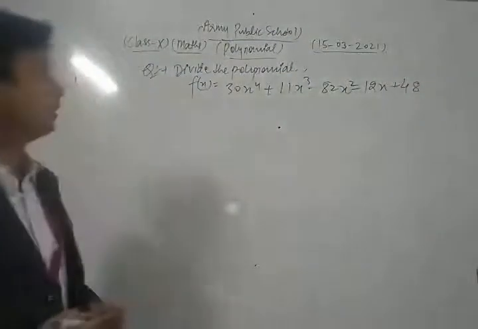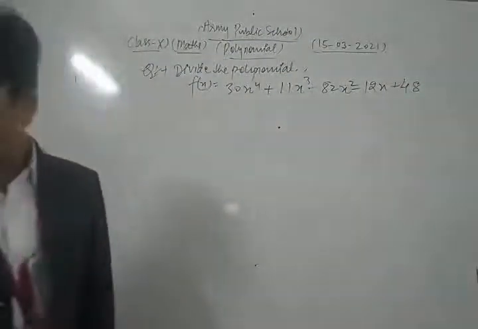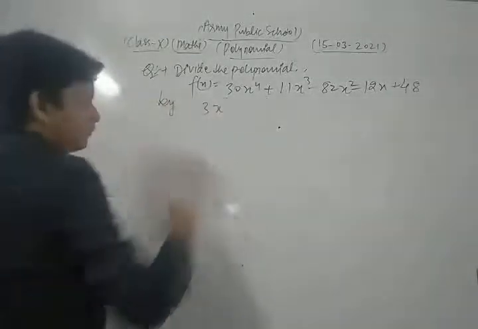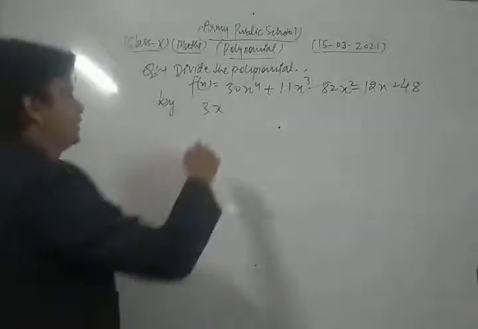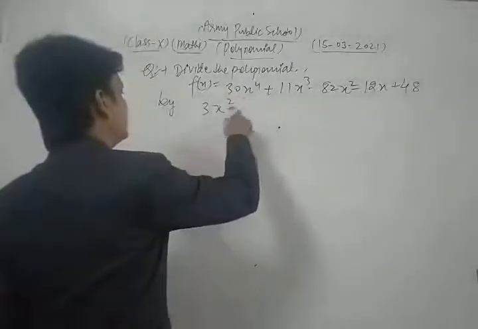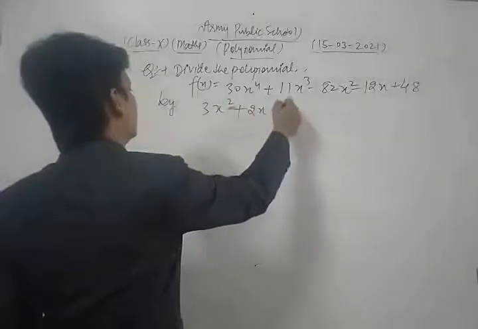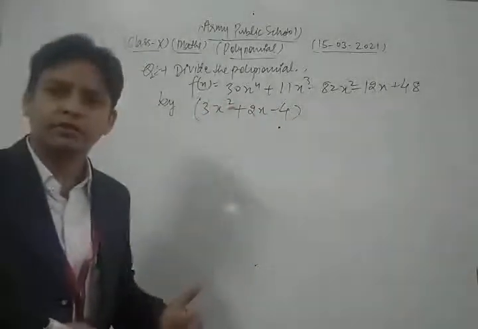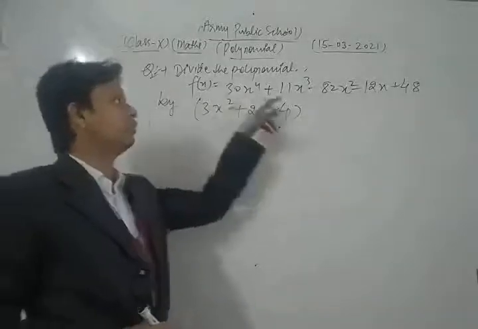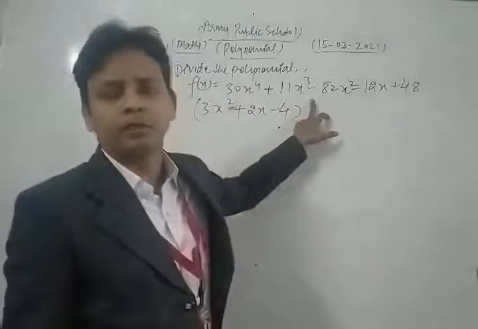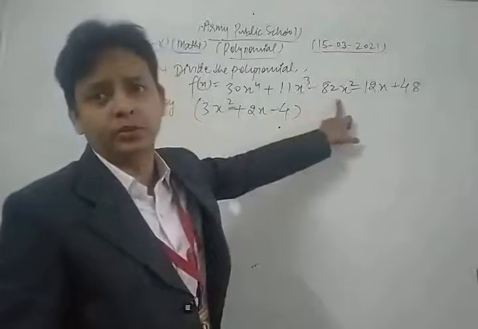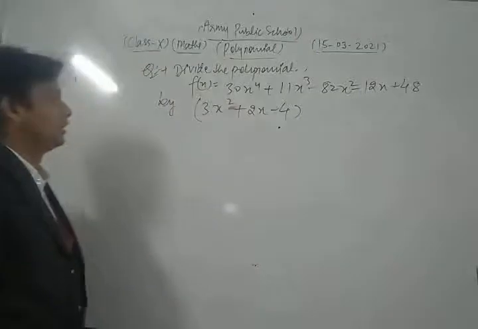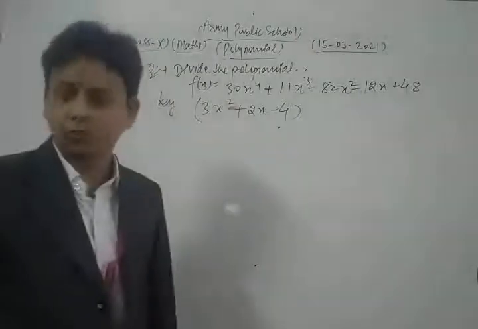Okay, divide the polynomial f(x) by 3x square plus 2x minus 4. Divide the polynomial f(x) is equal to 30x to the power 4 plus 11x cube minus 82x square minus 12x plus 48 by 3x square plus 2x minus 4.